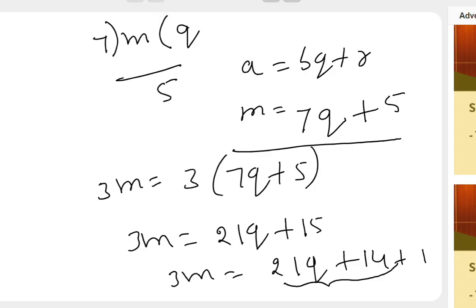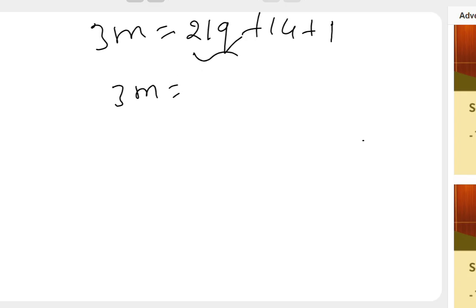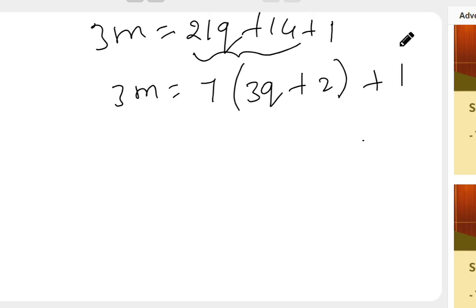So the equation you got: 3m is equals to 21q plus 14 plus 1. Okay. So 3m is equals to, from this I already told, take 7 as a common factor. So 21 can be as 7 3s are 21, q you write as it is, plus 2, plus 1 you write as it is.